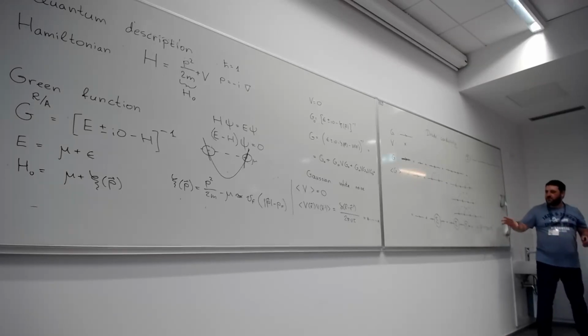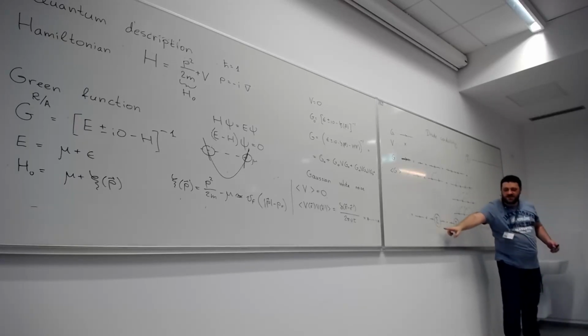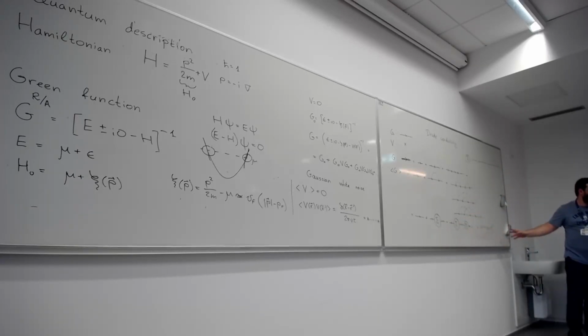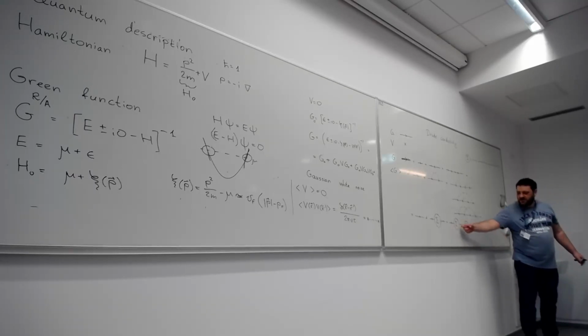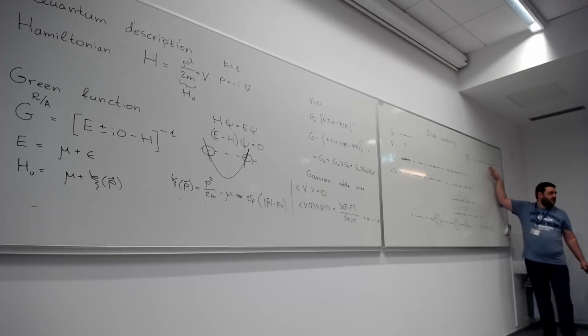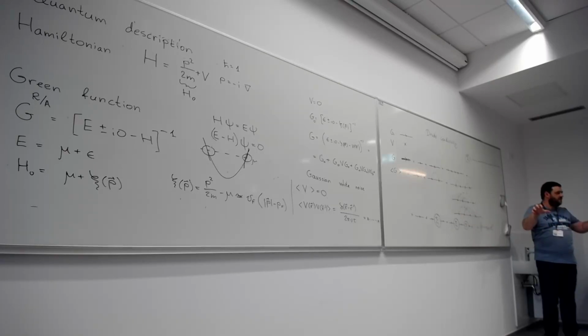So we group together these terms, call them sigma, and say this sigma should be inserted once, or twice, or 3 times, or 4 times. These two sigmas are connected by just a single Green function line. Inside sigma I include everything that cannot be separated into two parts connected with a single Green function.